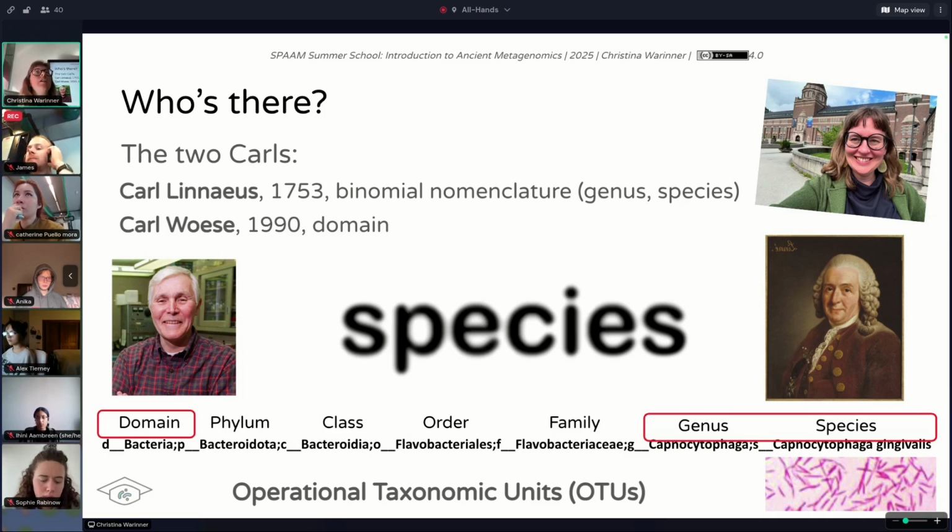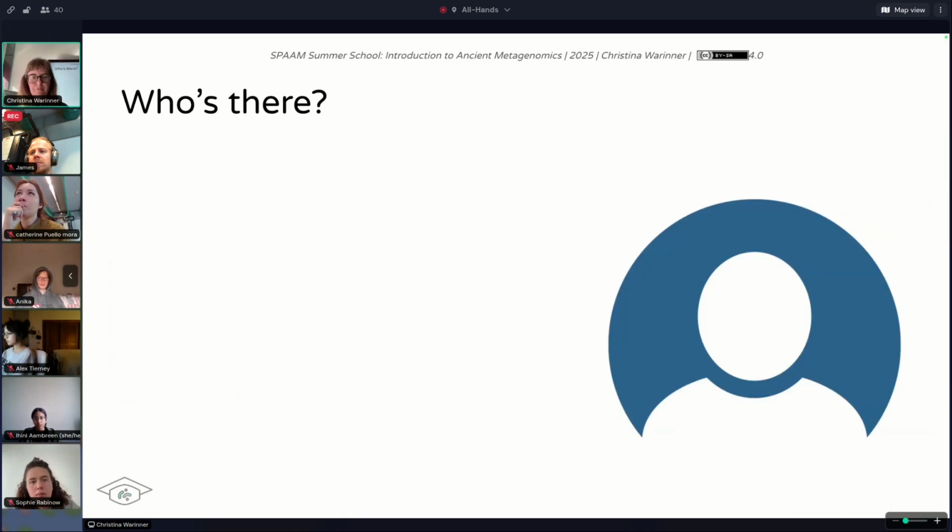And so instead, we use things that we can measure, which are imperfect metrics for that phylogeny, to try to divide them into groups. And so depending on which type of imperfect measure that we're using, the different groups that it creates, we can refer to as operational taxonomic units, sort of roughly a species, roughly this group, not perfect, but as good as we can get at any given time with some of the methods that are available to us. And so that's what operational taxonomic unit is really referring to.